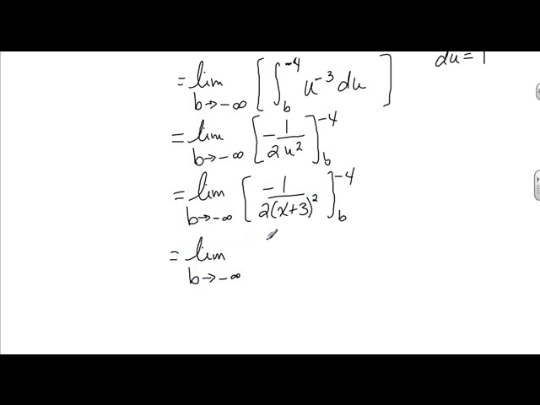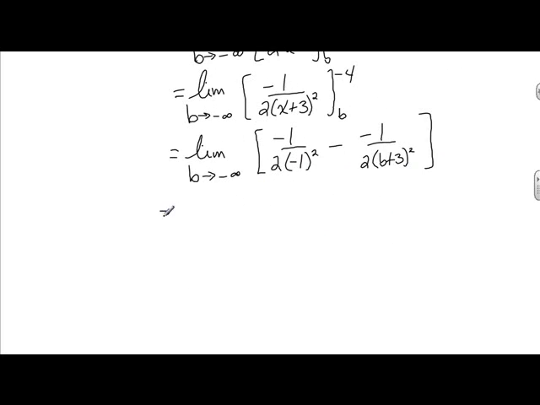So negative 1 over 2 times negative 1 squared minus negative 1 over 2 times b plus 3 squared. Cleaning that up just a little bit then, we're looking at negative 1/2 plus 1 over 2 times the quantity b plus 3 squared.